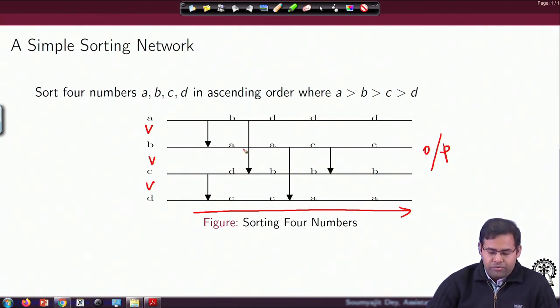Again, as we can see, A is definitely also greater than D by transitivity, and so B is also greater than D here, right? So D will go up, and naturally B will come down, and similar behavior we can take here. So what's going to happen is, after this, again we are now comparing A and C here. So again C will go up and A will go down, so on and so forth, right?